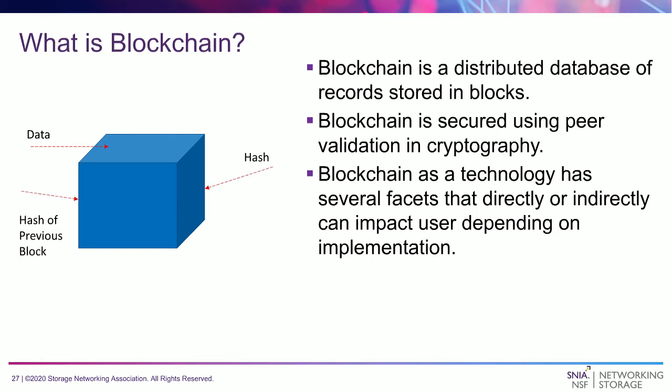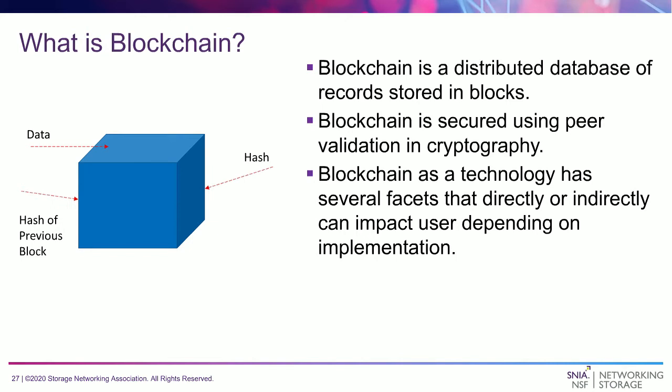So what is the blockchain? As Eric and John mentioned, a blockchain is basically a series of blocks. In each block you have three components: data, hash, and hash of the previous block. If you remember the beginning of Eric's presentation, he said that in order to modify the block, you have to modify the hash, and that's quite a complicated process, especially in a blockchain.